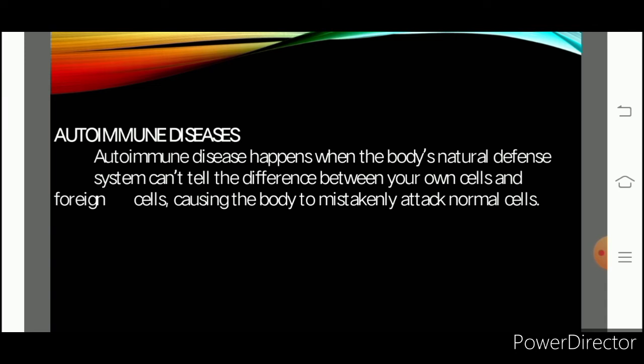So let's proceed to the autoimmune diseases. Autoimmune disease happens when the body's natural defense system can't tell the difference between your own cells and foreign cells, causing the body to mistakenly attack normal cells.